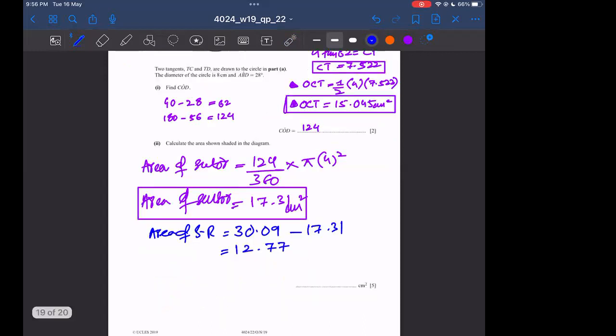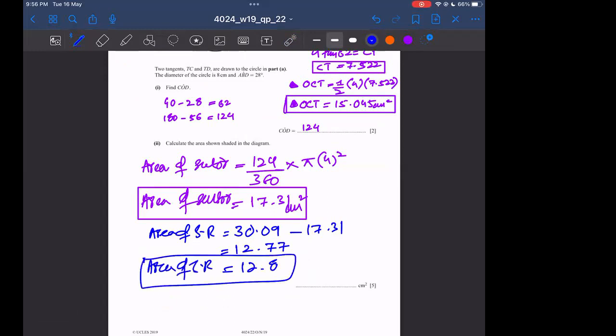So to 3 significant figures, it is going to be 12.8, the area of the region. Right. So this was the last question.